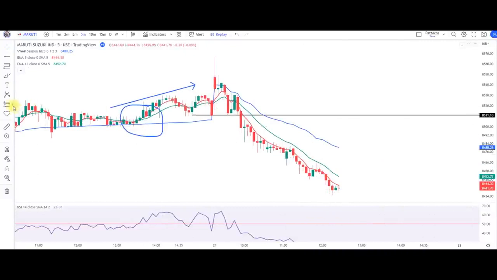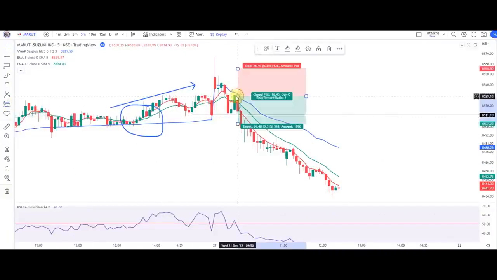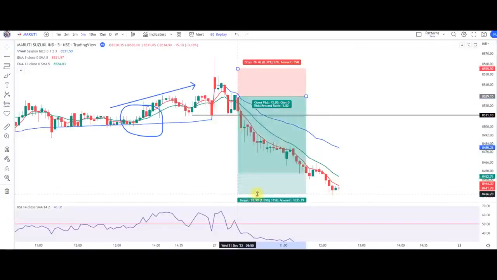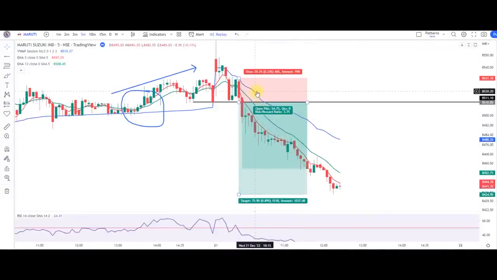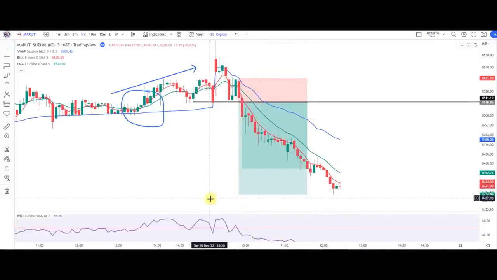Now we can see how many points we got for the short trade. So we got around 75 points target with a stop loss of 20. So it's 1:4 risk reward.